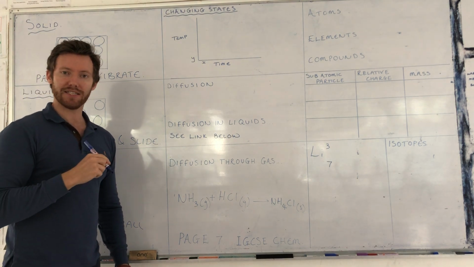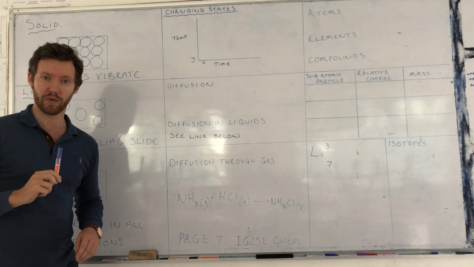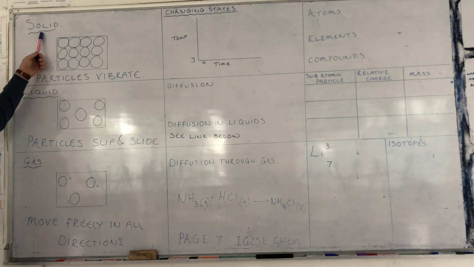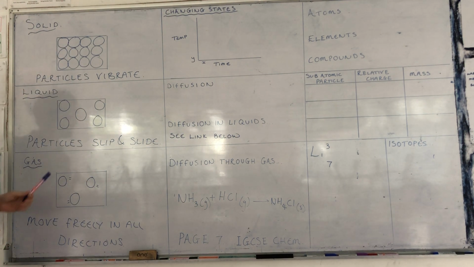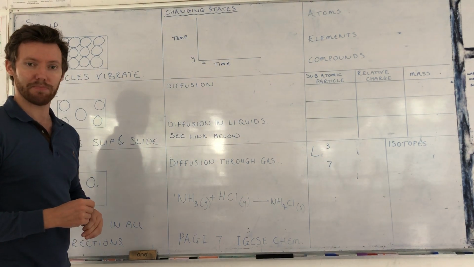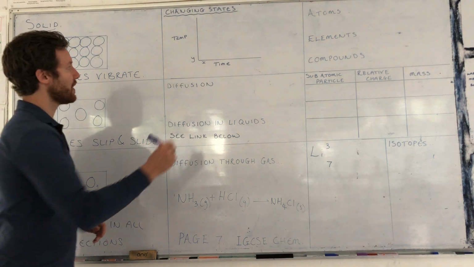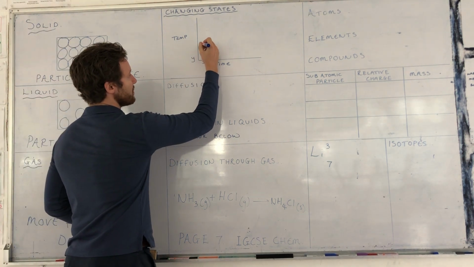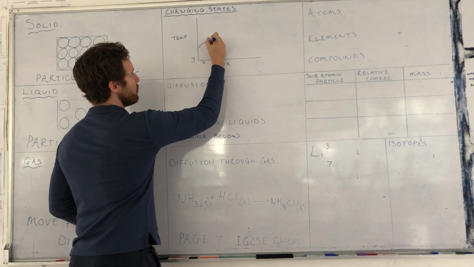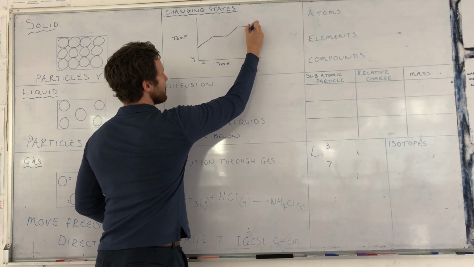So the changing states, this is going to incorporate the 3 states of matter we have just looked at, our solid, our liquid, and our gas, and it's going to continue within this pattern: solid, liquid, and gas. So we have a situation where our graph is going to look like this.